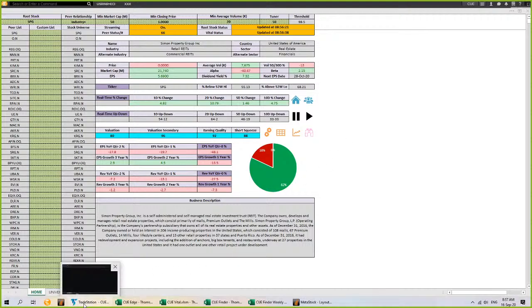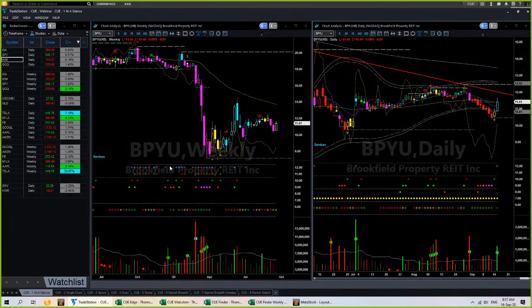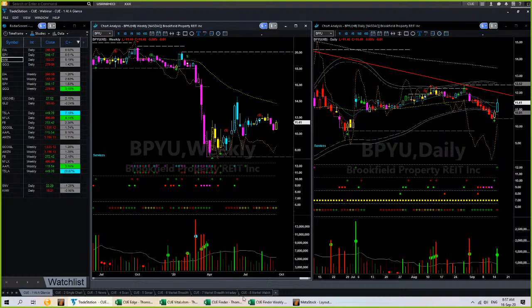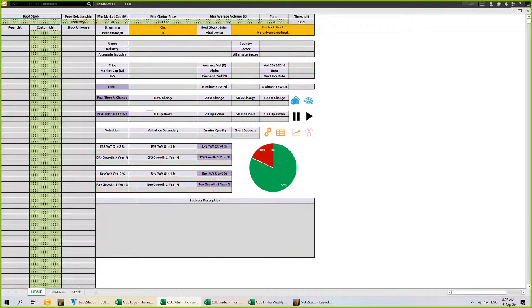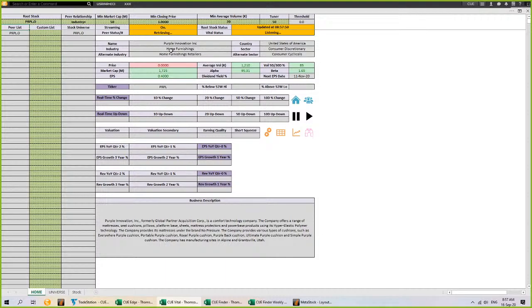Before I end today's session, let me show you one stock. This is a higher growth stock. Let's look at it. It's Purple, PRPL, Purple Innovation in home furnishings industry. Let's check out the industry.